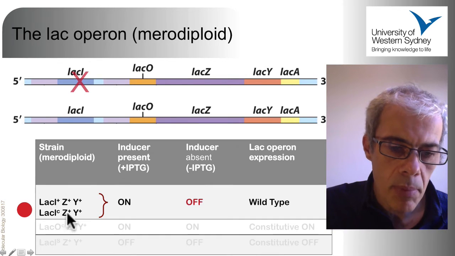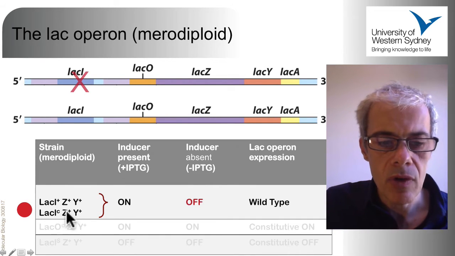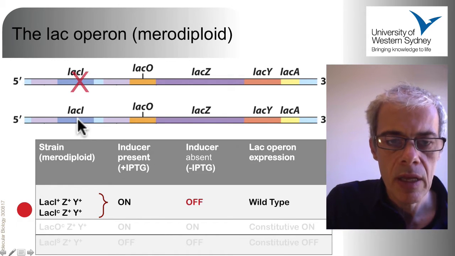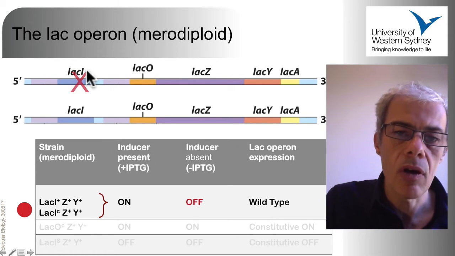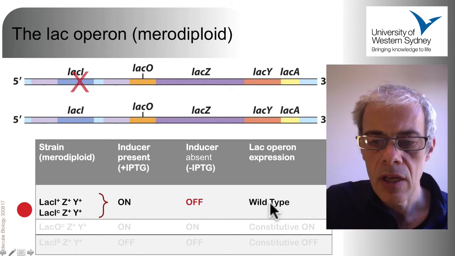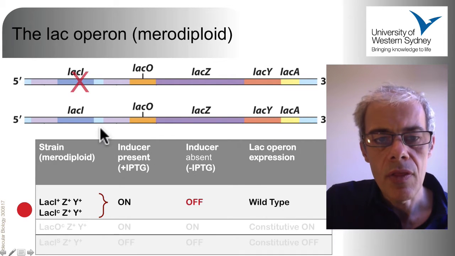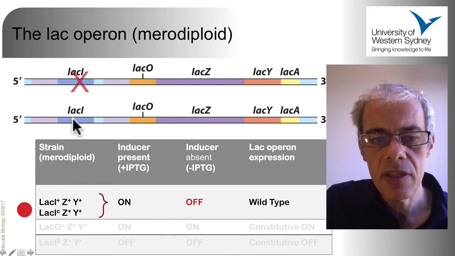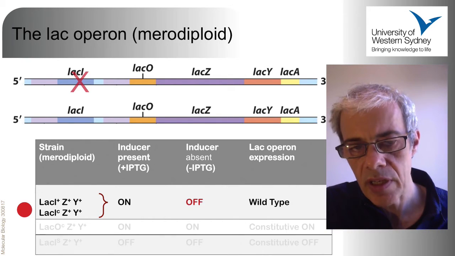Now when you look at the combined phenotype, you've got a mutant on one copy of the Lac-L and a wild type on the other. The resulting phenotype of this construct was wild type. So effectively, the presence of this gene here returned the cell to a wild type phenotype.